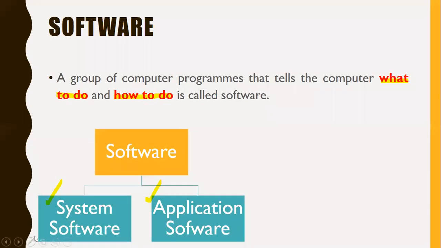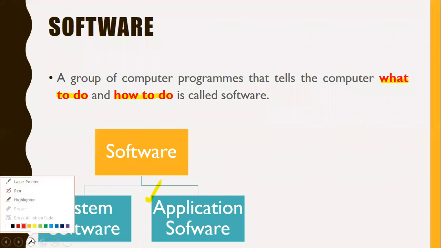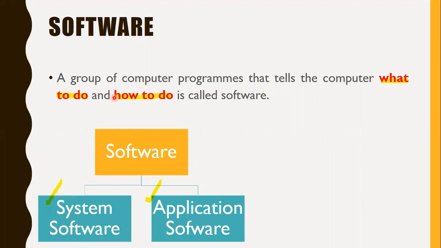We have already discussed what a software is. We know that a software is a group of computer programs, or a set of instructions that tells the computer what to do and how to do it.